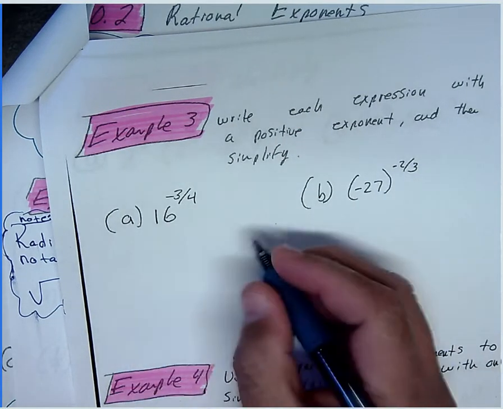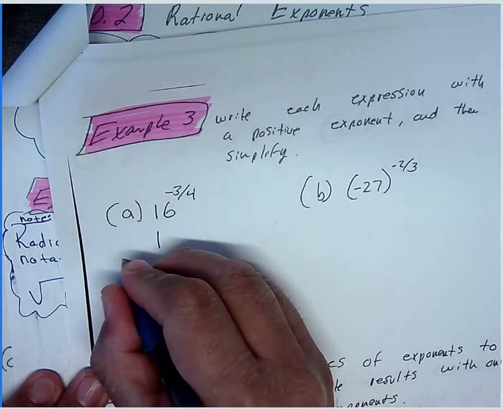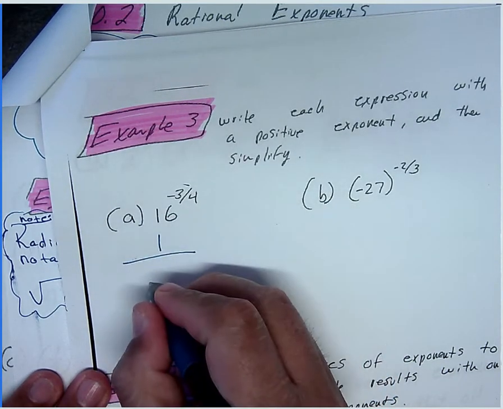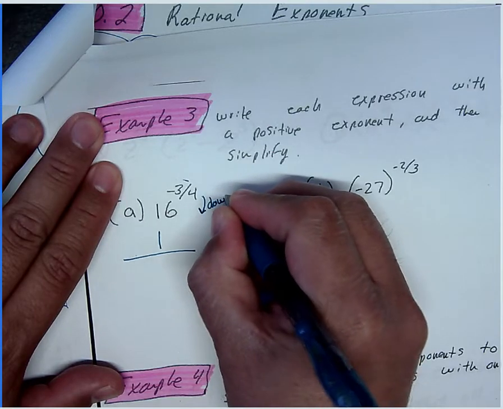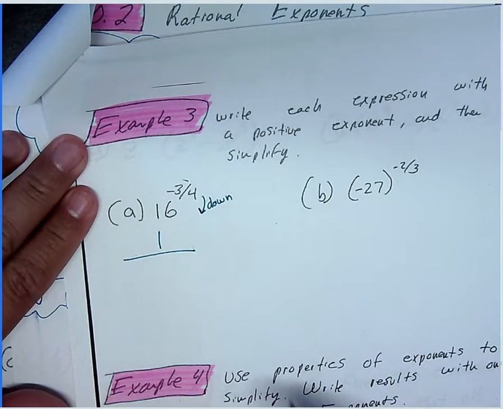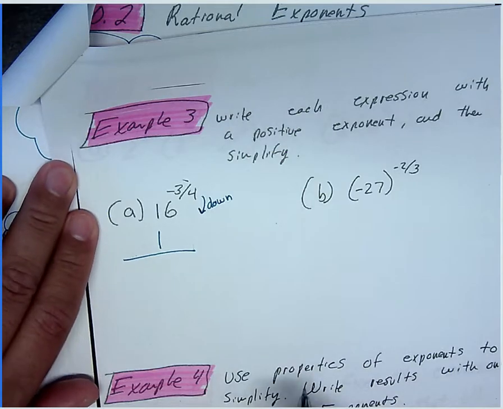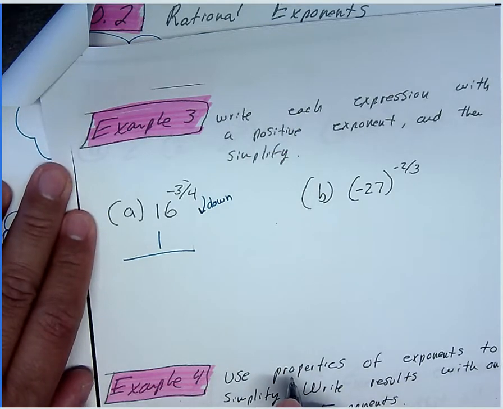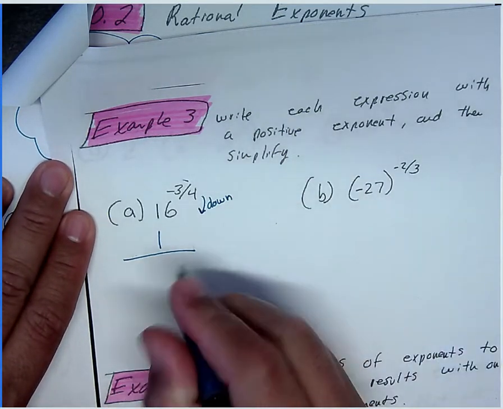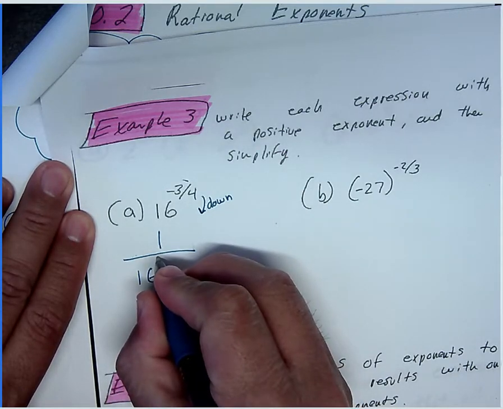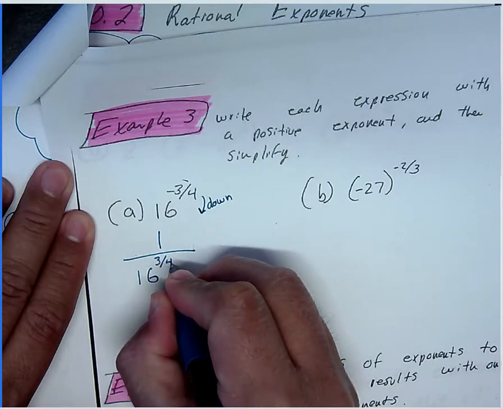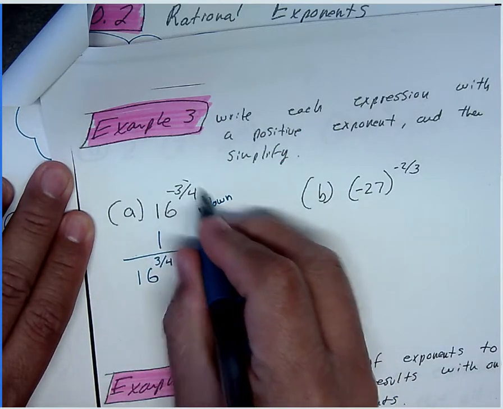I'm going to bring this whole thing down to the bottom. I'm going to write the note here. Bring the whole thing down. Let's bring it down first, so that way you see what happened. So 16 to the 3 over 4 power. I brought this down and I got rid of that negative.